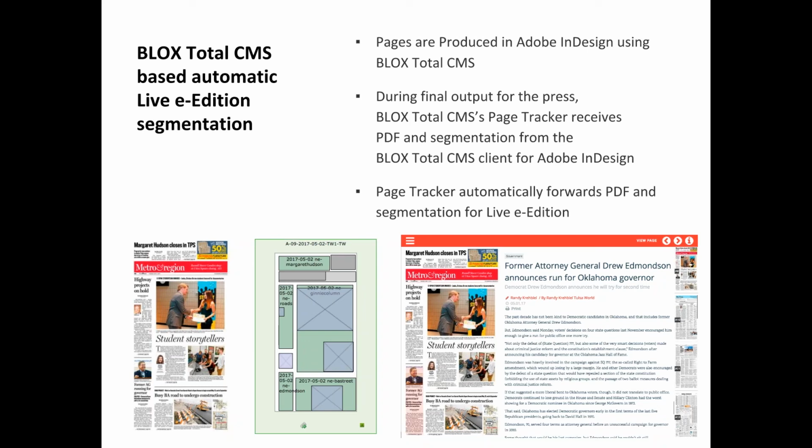It allows us to take content that is destined for web and repurpose that content for print. As changes are made on the print version, we can update the web version with those corrections. It also does totally automatic segmentation for Live e-edition.